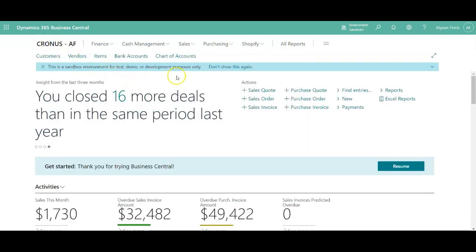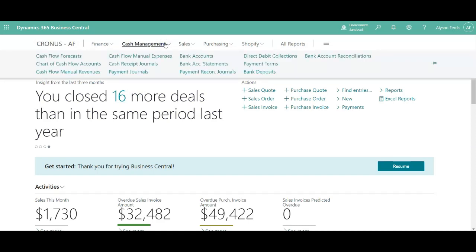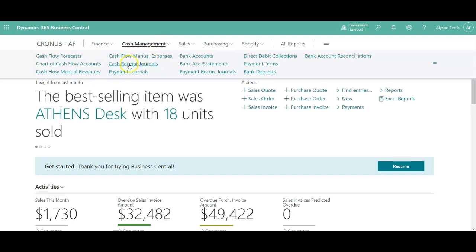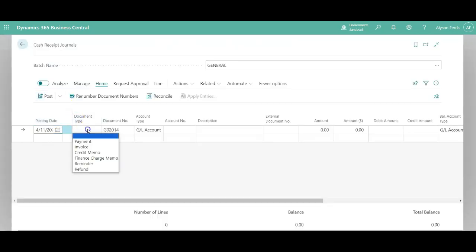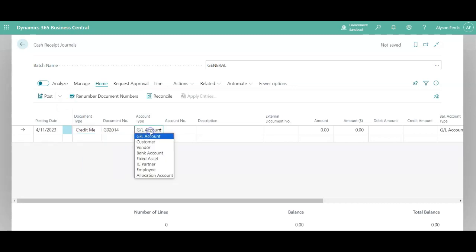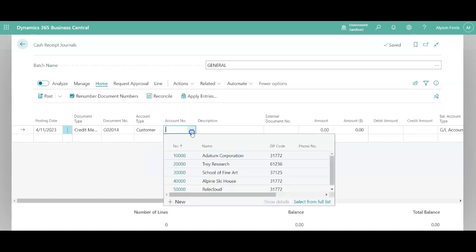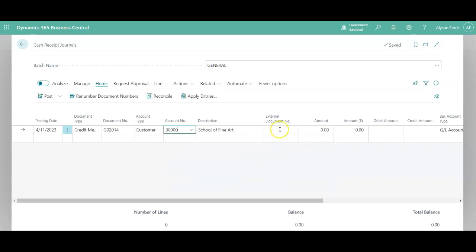All right, the second type of write-off I want to demonstrate is a straight write-off of an invoice or a customer balance. So for that, I'm going to go into my cash receipts journal and I'm going to post a journal entry of a type credit memo, and I'm going to credit it to a customer account type, and I'm going to credit off something for School of Fine Art.